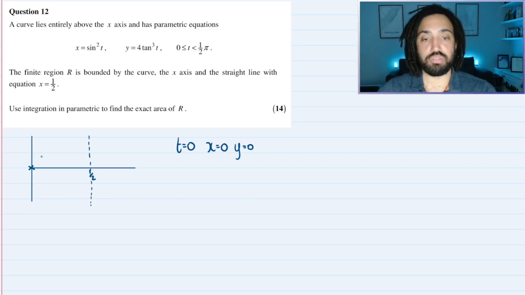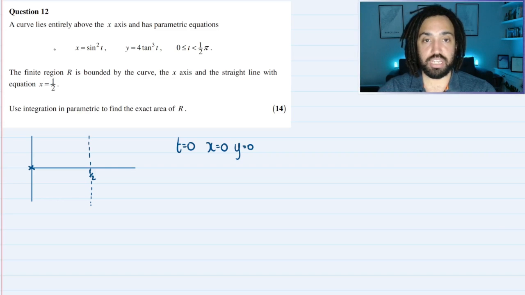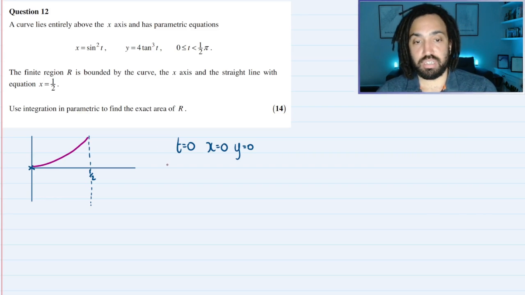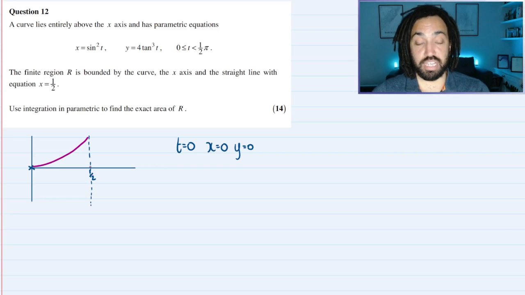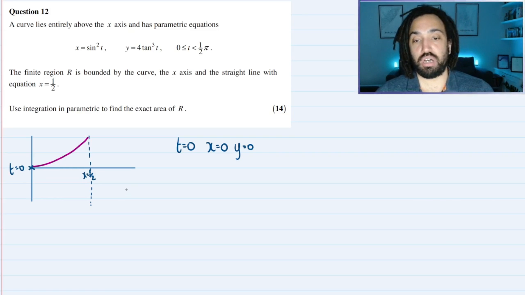Okay, and we also know that the curve is entirely above the x-axis. So it's going to look something like this, essentially. So what we need to do is integrate between this point here, which is t equals 0, and we need to find the t value for when x equals a half.